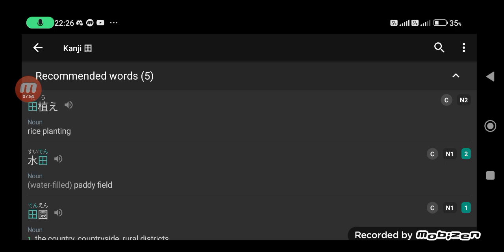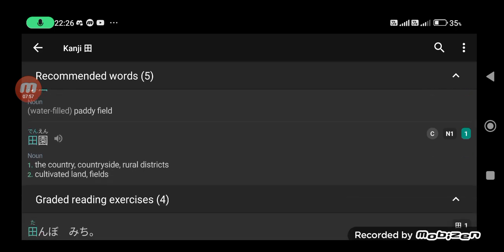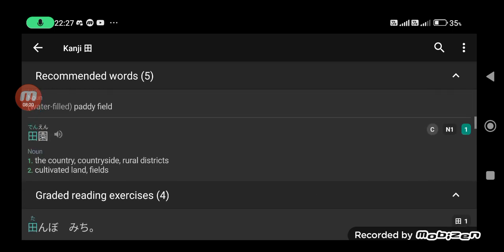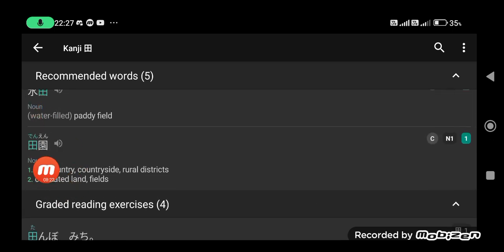Suiden, paddy field. How about this? Den is the country or countryside, rural districts, or the nearest meaning here for this compound is cultivated land or fields. That's denen, because the second kanji has a nuance of garden.